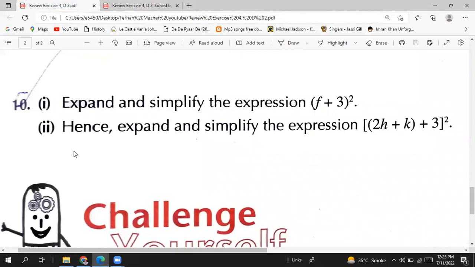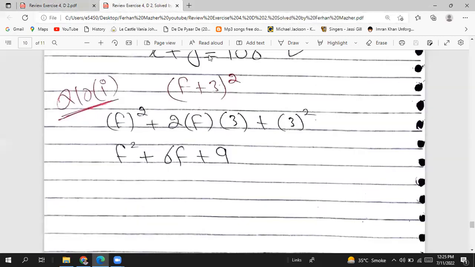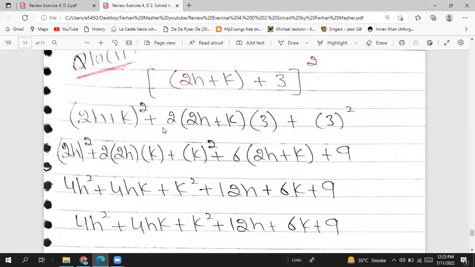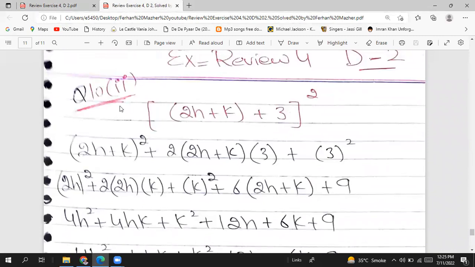The question number 10, second part. Expand and simplify the expression: 2h plus k in one bracket plus 3, in a square bracket, and whole square. A little tricky question here. The first term is 2h plus k and the second term is plus 3. So it's whole square: square of the first term plus 2 into first term into second term plus square of the second term.